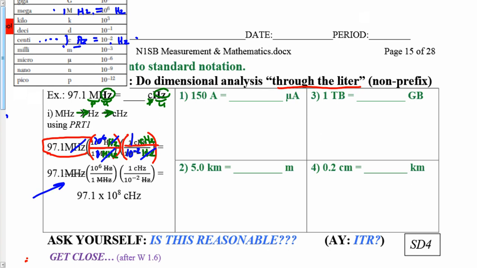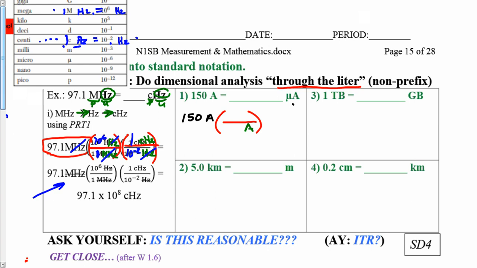So let's try this over here. You may want to pause the video, try it yourself, and then come back and check it out. So we want to turn 150 A, whatever that is, ampere, but it doesn't matter, into microampere. So, step 1, multiply by a fraction. Step 2, units. What unit do you want to get rid of? Ampere.